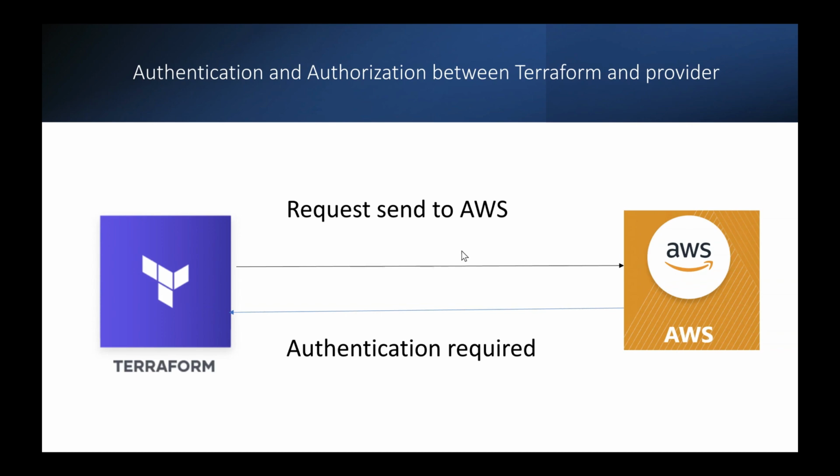So there has to be some authentication mechanism which shows that you are allowed to access the resources which are going to be created on AWS or any other provider, let's say Azure, Google, or Oracle, anywhere. So you should be an authenticated user and have a username and password, or some kind of authentication available. AWS will say you should authenticate yourself.